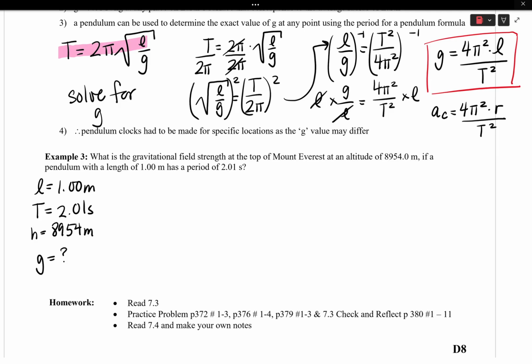So take a look at your equations, and you'll notice that we have T for a pendulum. The period of a pendulum is 2 pi times the square root of length over G. And so we don't really need to know the altitude for this. All we need to do is solve for our G. So you're going to isolate for G. You're going to divide both sides by 2 pi.